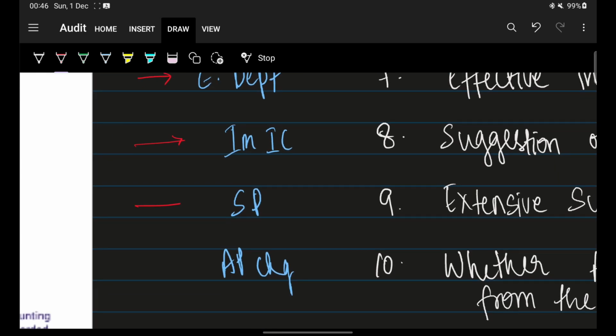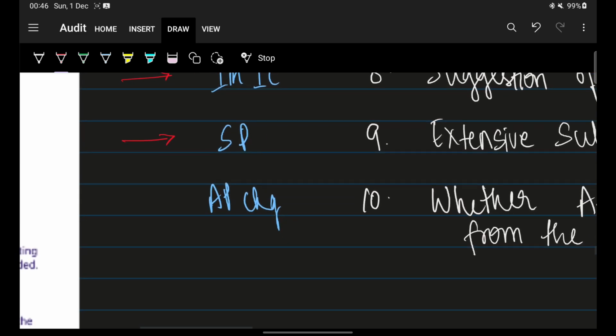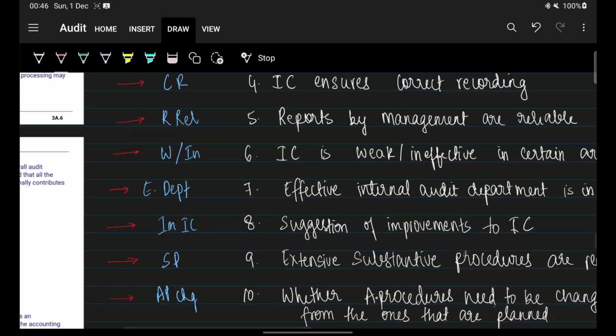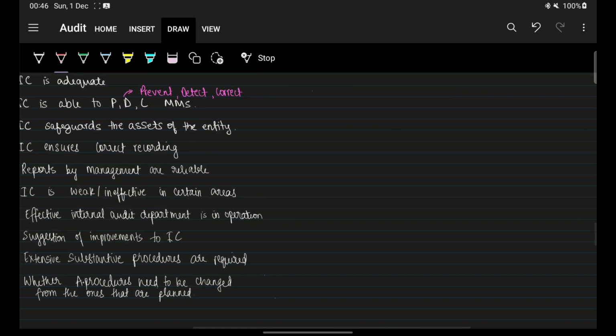Okay, whether any substantive procedures have to be applied, and lastly whether there are any audit procedures that have to be changed compared to the original audit plan. Okay, let's just try to memorize this. Just try to memorize this.